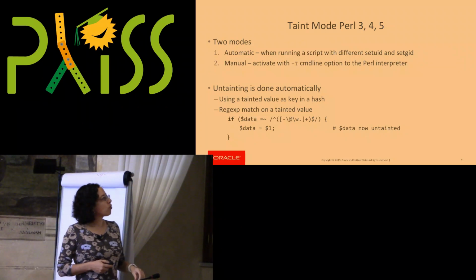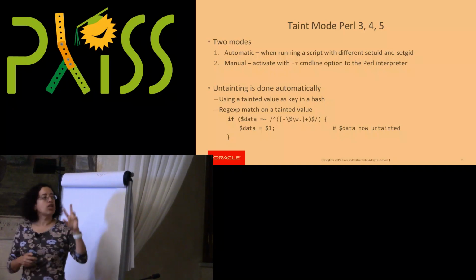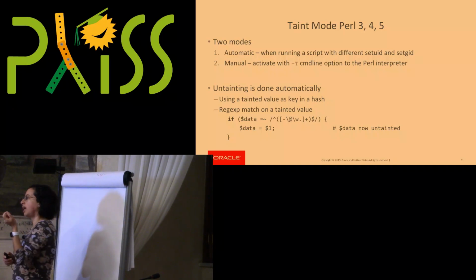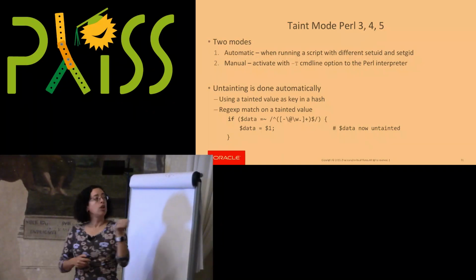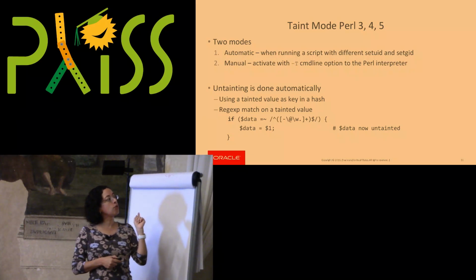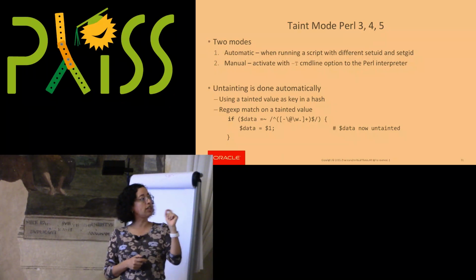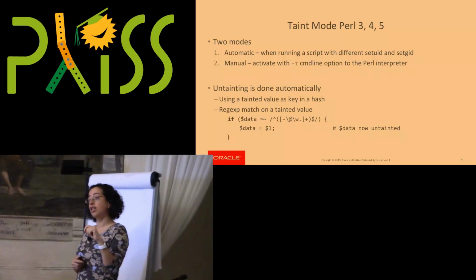Now, with the Perl Taint model, you actually have two different ways to execute the Taint model. You can let the system, Perl, the runtime system, do it automatically for you. When it does it automatically, it's just going to check whether you have a different set user ID or set group ID.